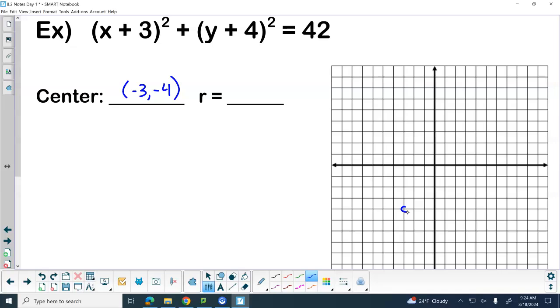What's the exact answer for the radius? The 6 squared isn't 42. Right? So what's the exact answer for the radius?